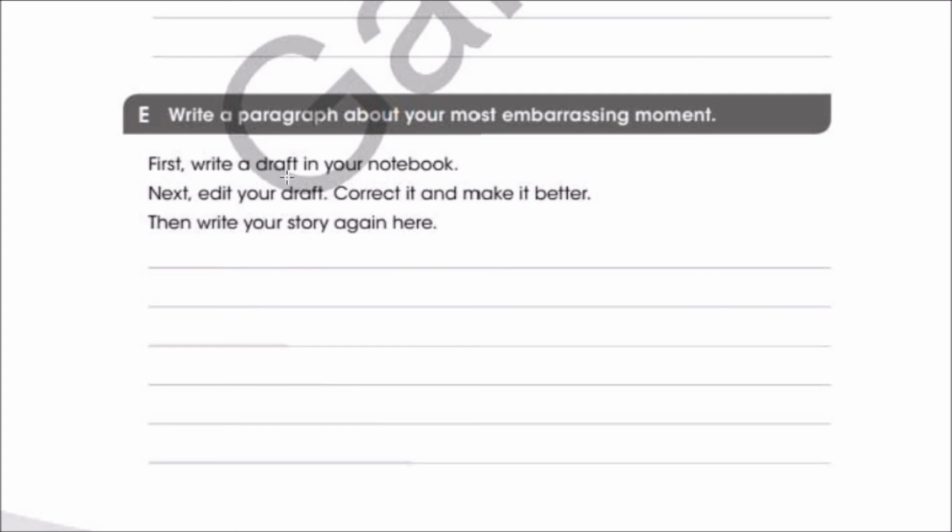Now for the draft and editing the draft and correcting it, it's better to do it outside. Don't do it on this paper. When you finish all of these steps, do the last step, which is writing the story again here, and then show it to your teacher. If you need any help with this question, you can ask your teacher to help you.